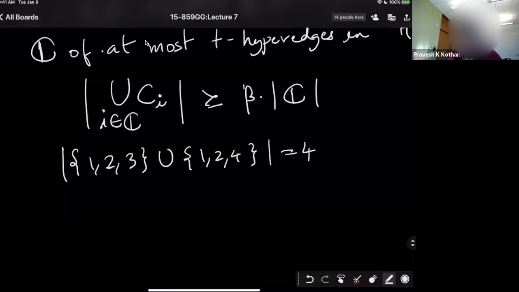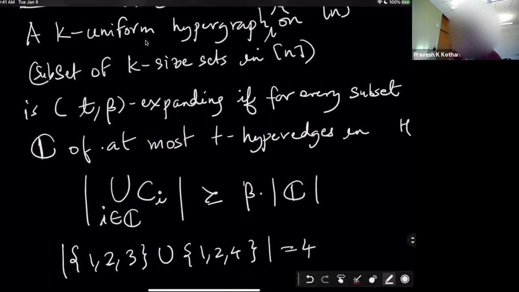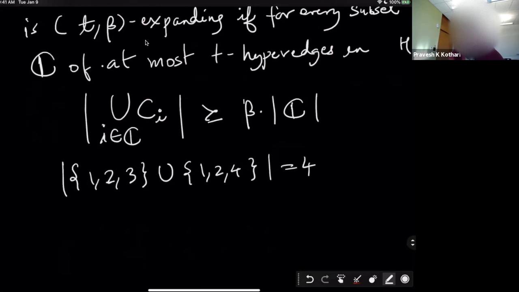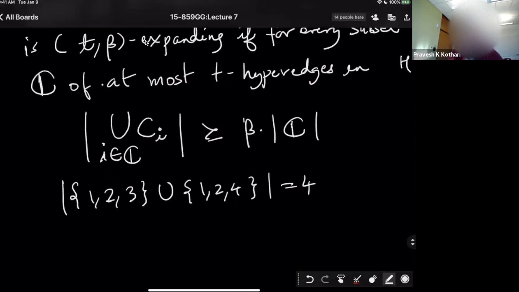So in some sense, this condition is saying that if you take any not too large a number of hyperedges, there cannot be too many intersections between them.